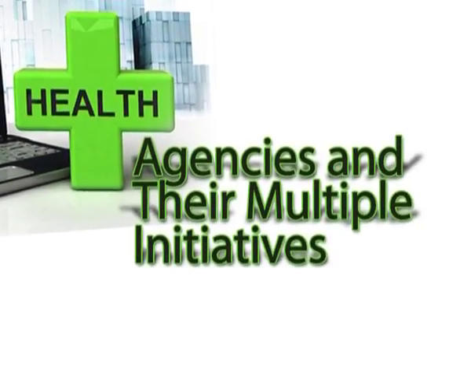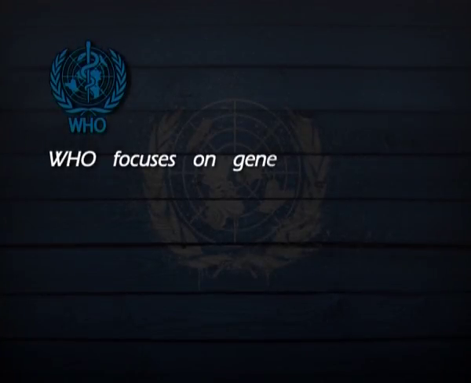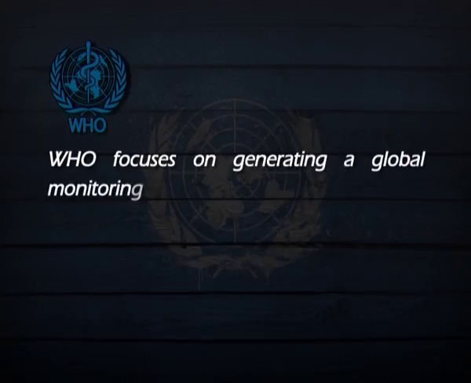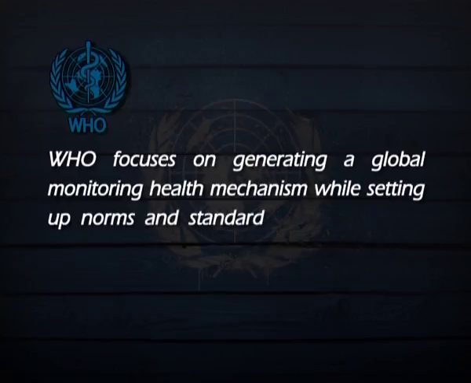Health agencies and their multiple initiatives. Let us examine health agencies and their multiple initiatives. The interventions of the health agencies are specific since they concentrate their activities on particular themes and issues. For example, WHO focuses on generating a global monitoring health mechanism while setting up norms and standards for international health systems.